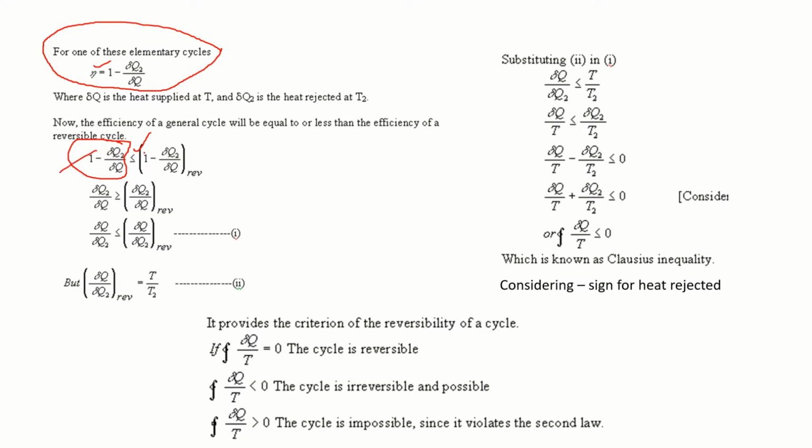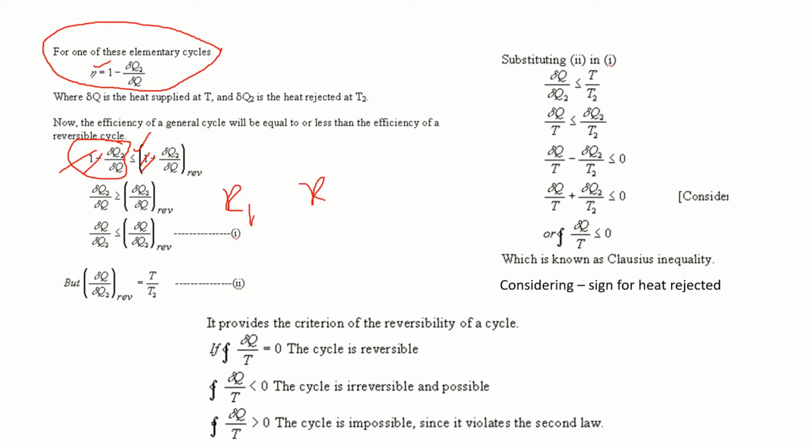So let me cut this off. This efficiency has to be smaller, which means this must be a larger value than this. So if I remove these minus signs, I should reverse this direction. Correct? Okay. Now, this is the x1 value.